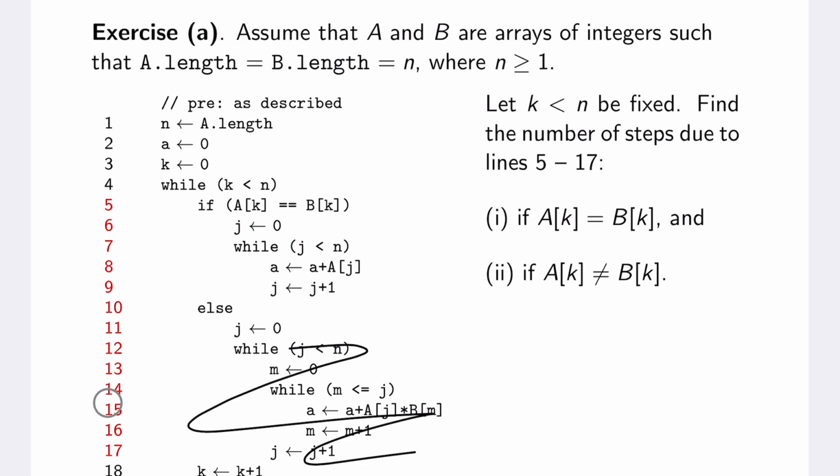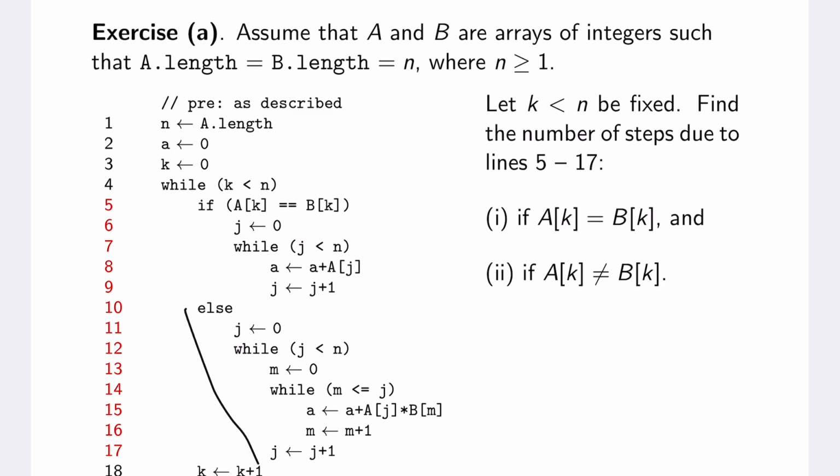Anyway, it's not that simple. If any element of A is not equal to the element at the same index of B, then this else block runs.